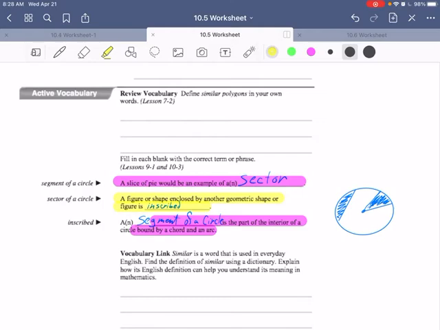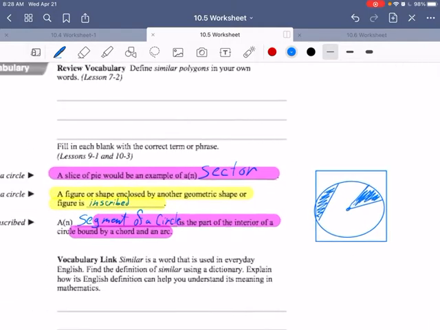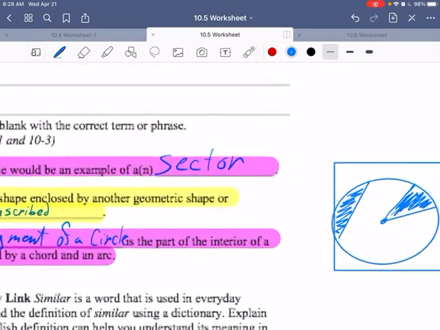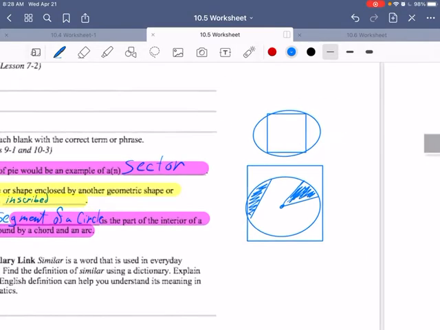So again, if this circle were inside another shape, we would call it inscribed. Or if there were a circle and there happened to be a square inside that circle, it would be inscribed in the circle.